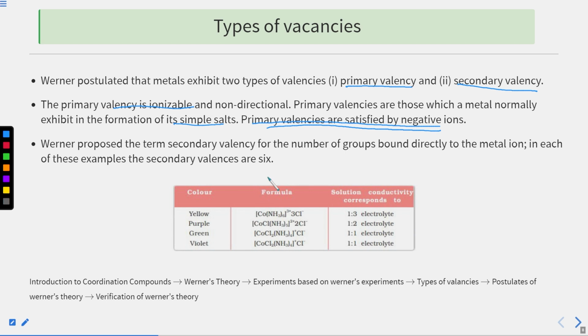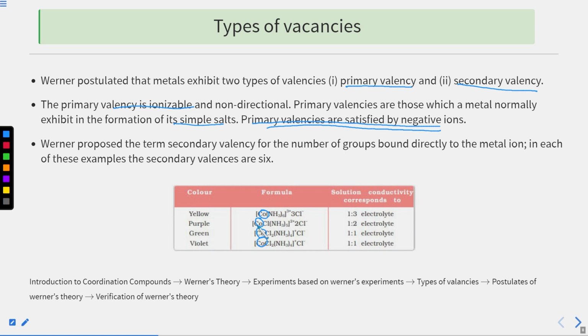Now, Werner proposed the term secondary valency for the number of ligands which are directly bonded to the metal ion. In each of these examples the secondary valency is 6. So here is the case. We have taken the previous example only, and it is seen that the Cl which was not getting precipitated was coordinately bonded to the cobalt ion.